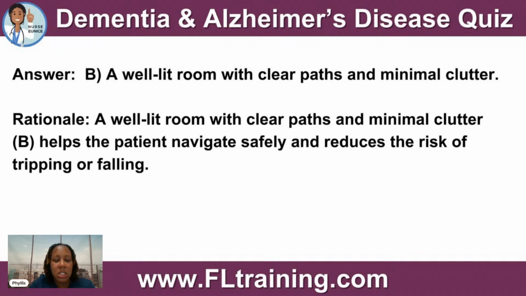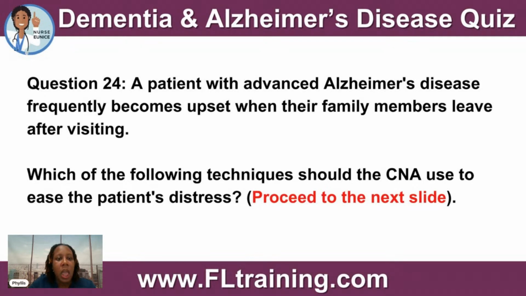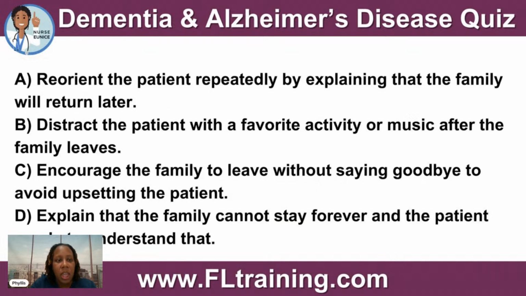All right. The next question. A patient with advanced Alzheimer's disease frequently becomes upset when their family members leave after visiting. Which of the following techniques should the CNA use to ease the patient's distress? Is it A, reorient the patient repeatedly by explaining that the family will return later?